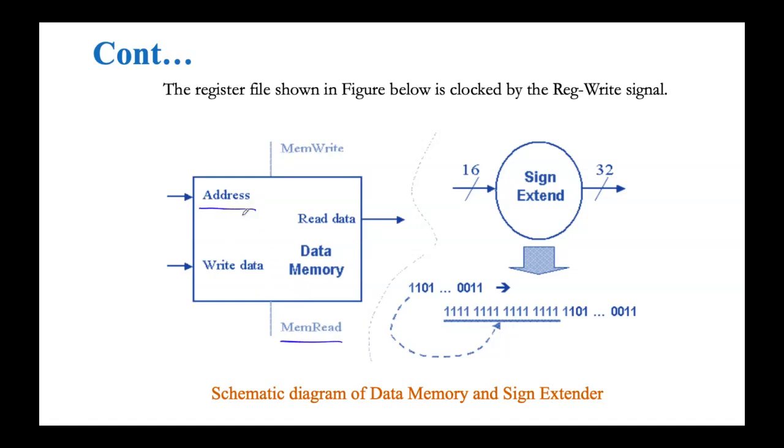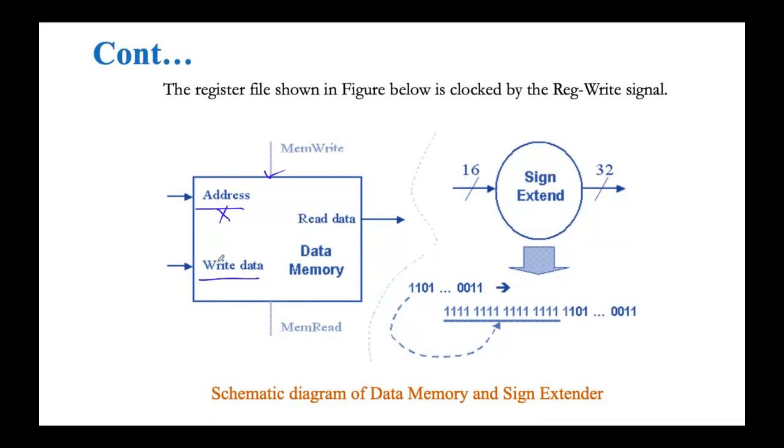Either the address will be read, or when the write signal is given, then it enables these address and write ports, but only one will be happening, not both. When the address read is happening, the write data is inactive. When write data is active, then the address port is inactive.